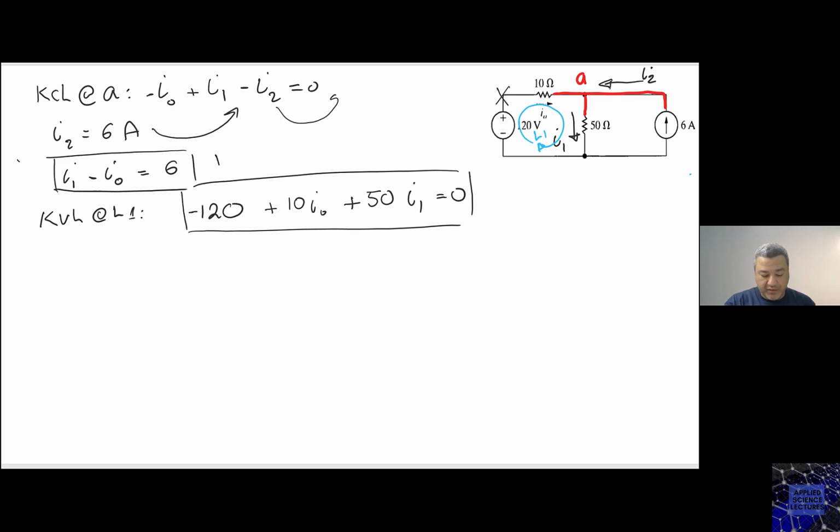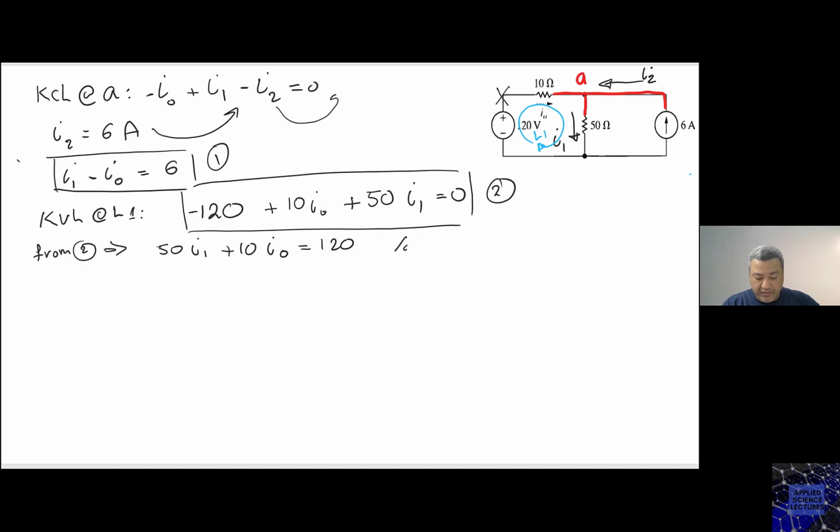If I call this one 1 and this one 2, then from 2, rearranging, I have 50 I1 plus 10 I naught equals 120.